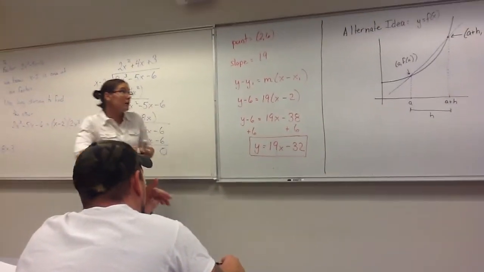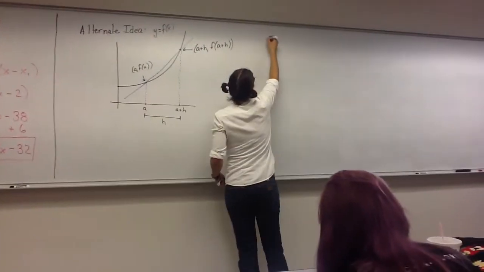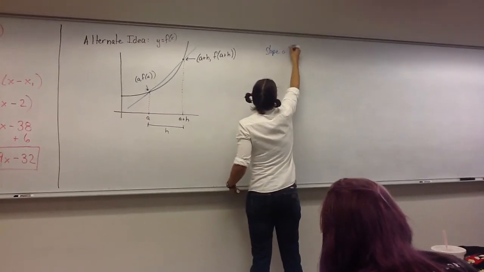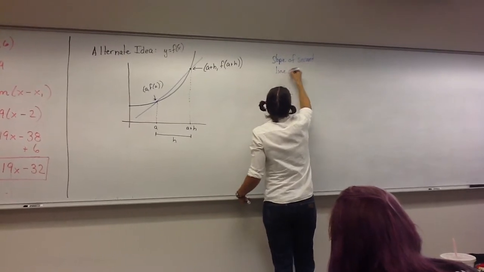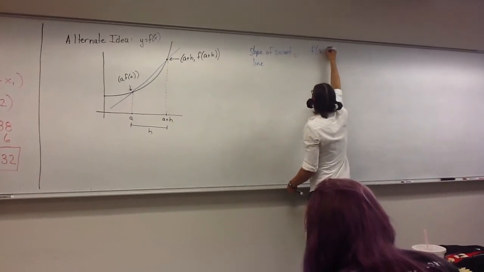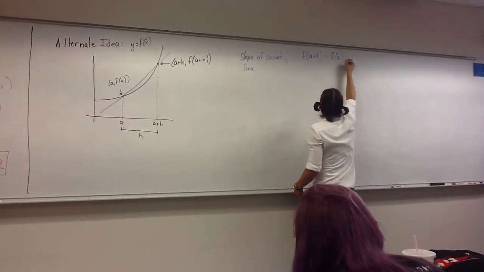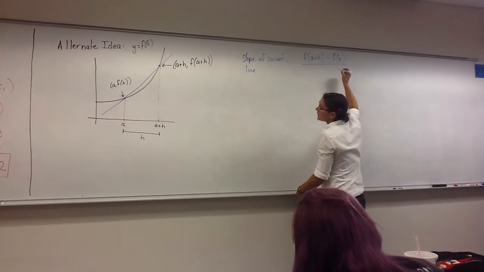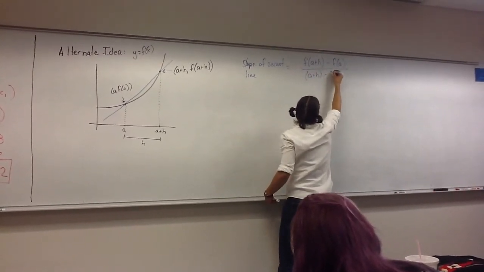And so now, if I write down the slope of this secant line, I've got f of a plus h minus f of a over a plus h minus a.